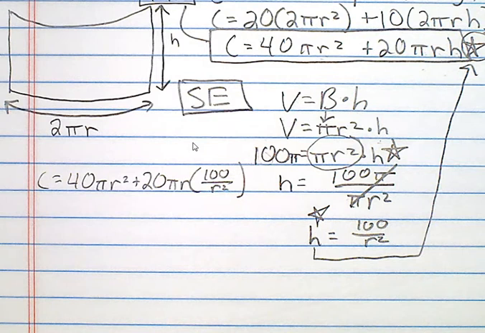Come on, what happens when we take that 20 pi r and we multiply it times the 100 and all that good stuff? 2,000 pi r, is that what you said?